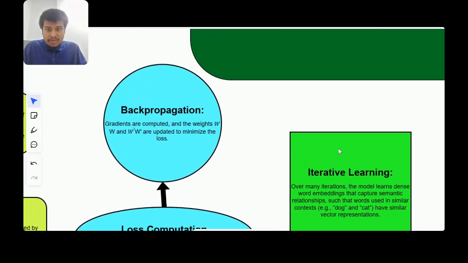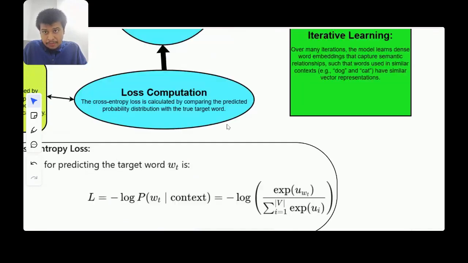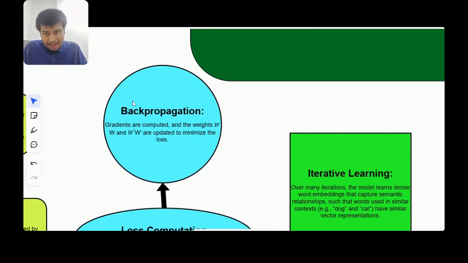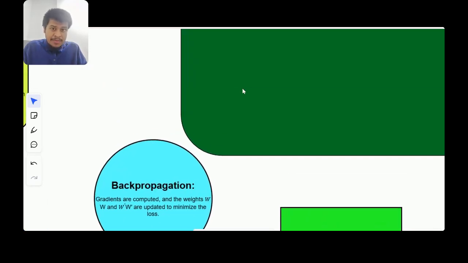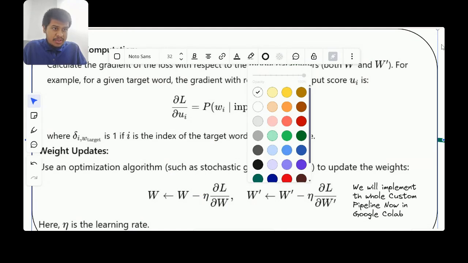From this cross entropy loss, you'll use this value for calculating your backpropagation based gradient descent. How do you do that? Again, it's very much a neural networks concept, so I'll just show you the equations alone.